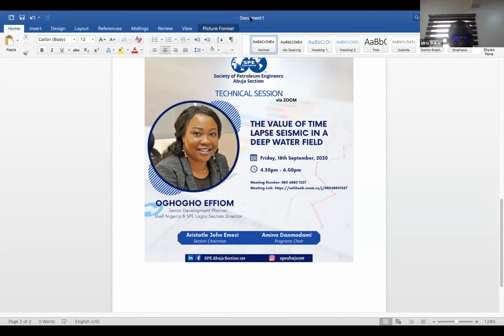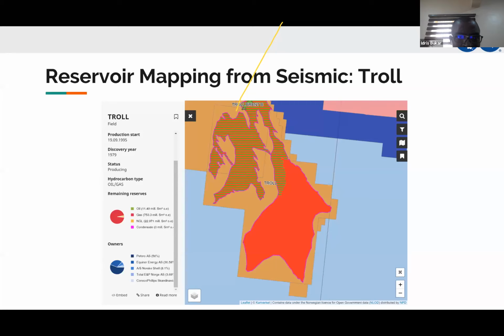That is the SPE mission, to disseminate and share technical knowledge. So if you have any areas that you need, especially for us here in Abuja, the North, we don't really have opportunities for practical experience in the oil and gas industry. So these are the ways where we can fill that gap. So we look forward to some feedback from all of you.